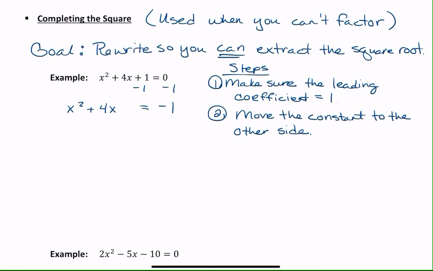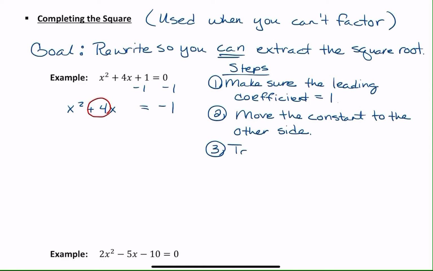Now, I'm going to look at my b and take half of b and square it, and then I'm going to add that to both sides. So let me write that down and then I'll show you what I mean.